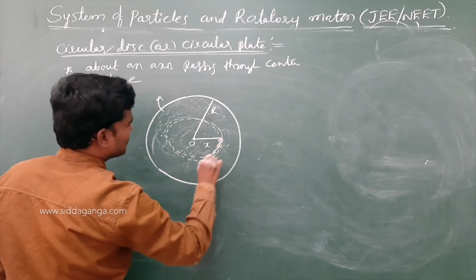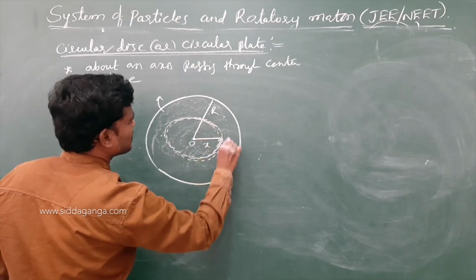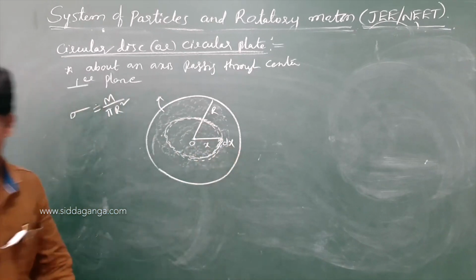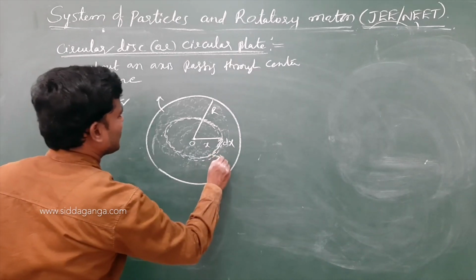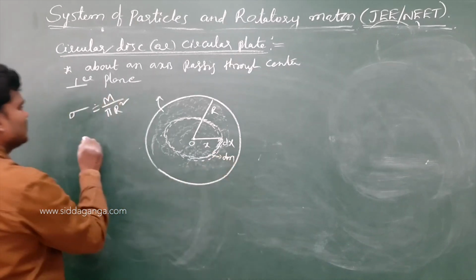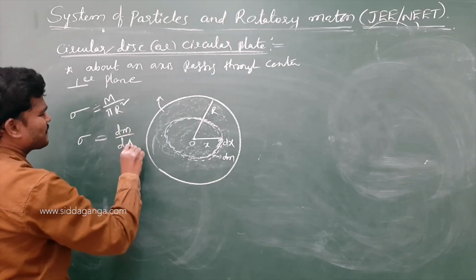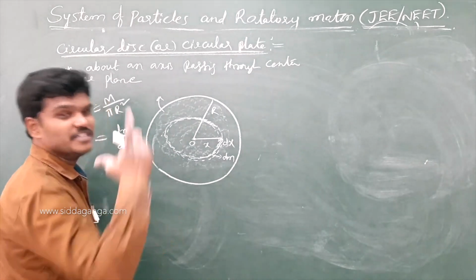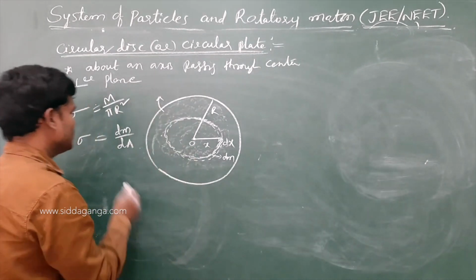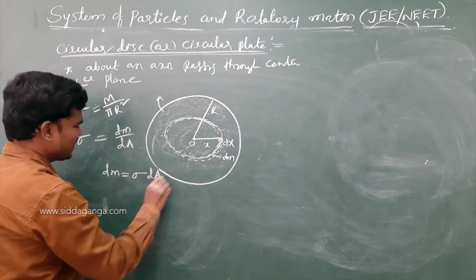Take a small part whose thickness is dx. So this part will have mass dm. Then sigma is equal to, for the small part, dm by dA. For the small part, you find the mass of that small part. Apply the integration. You will get the answer. So dm is equal to sigma dA.